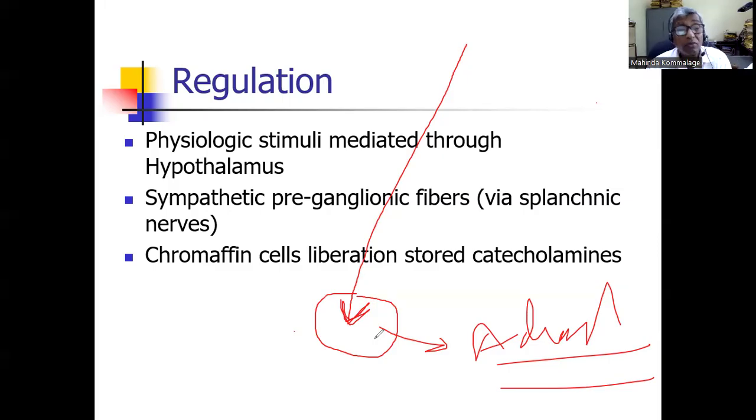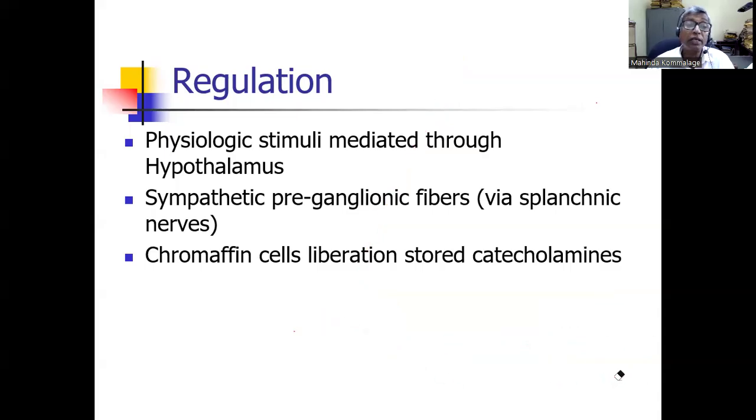Sometimes you forget the regulation of the adrenal medulla, because it's not under the regulation of the pituitary. It's under the direct regulation of the sympathetic system from the brain, right?